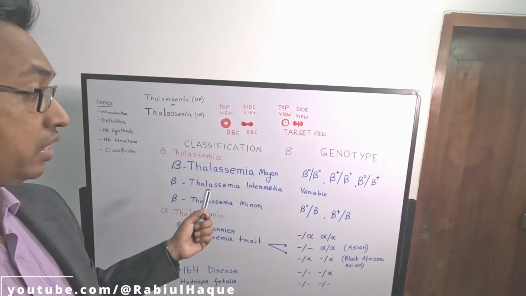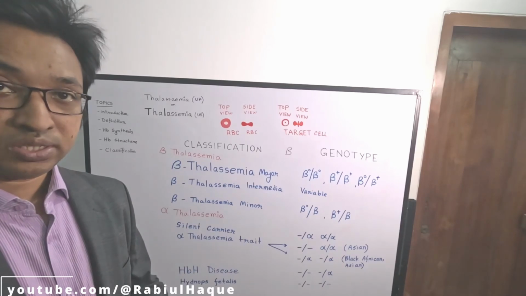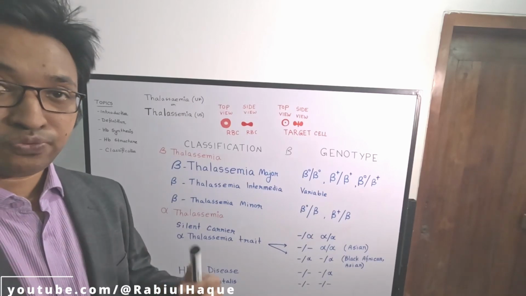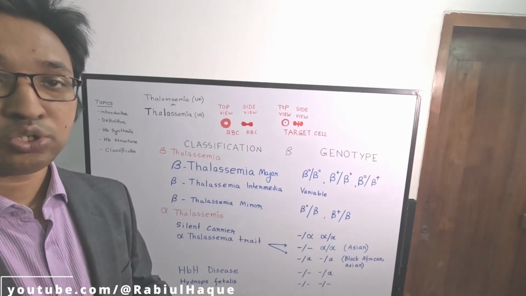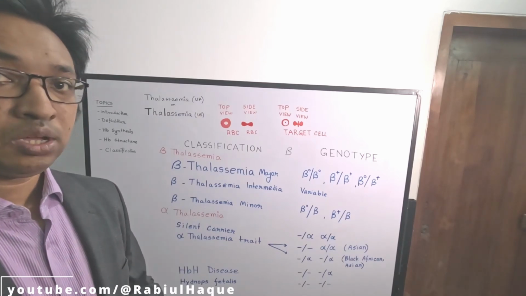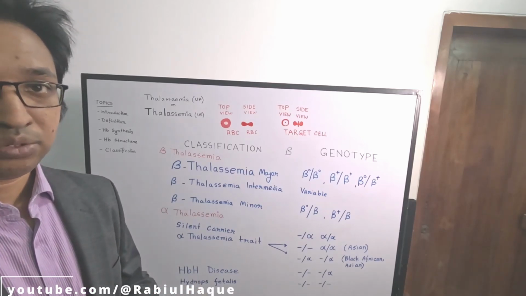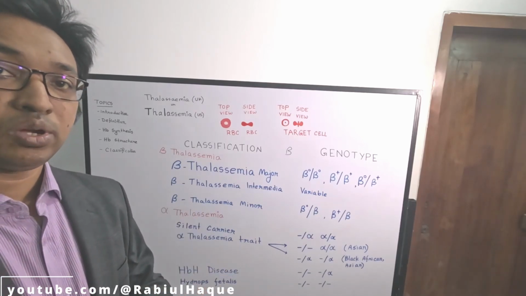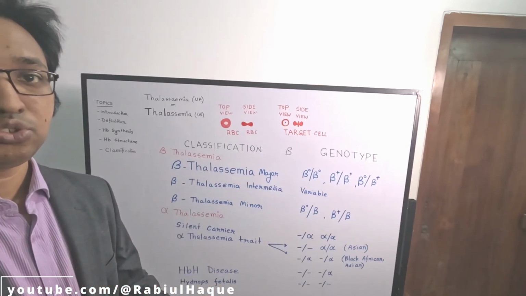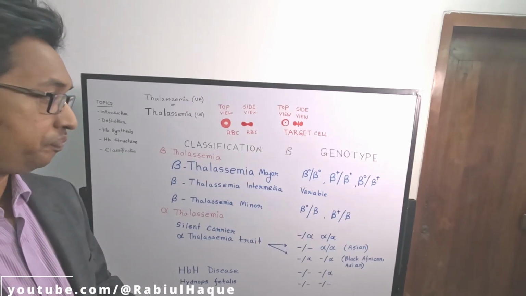The clinical features usually present from 6 to 9 months, when there is a shift from hemoglobin F to hemoglobin A in the red blood cell. So it is usually expressed 6 to 9 months after birth because that is the time when our red blood cells are shifting from hemoglobin F to hemoglobin A, and hemoglobin A contains beta globin.